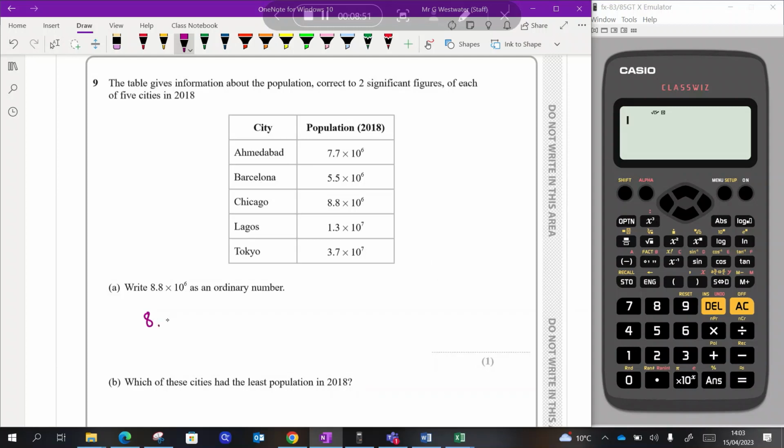So let's put 8.8 down here and whack a bunch of zeros after it. Now this is being made larger because it's a positive power. The decimal will move 1, 2, 3, 4, 5, 6 places. So that's 8, 8, followed by 5 zeros. Let's put some commas in to give it a bit of context. This is going to be 8,800,000.